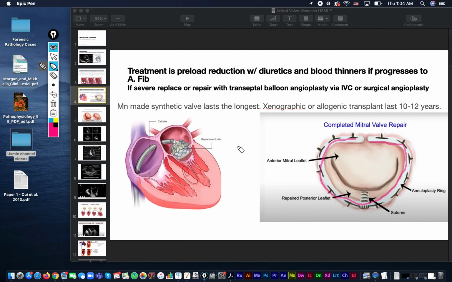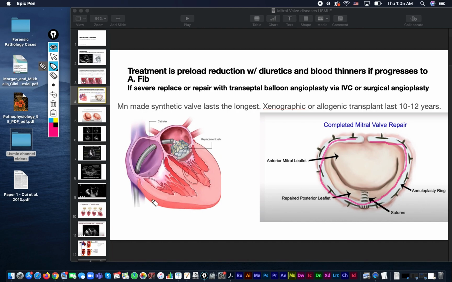So imagine you have a normal annulus that's nice and taut, but the regurg is caused by an MI with chordal rupture.